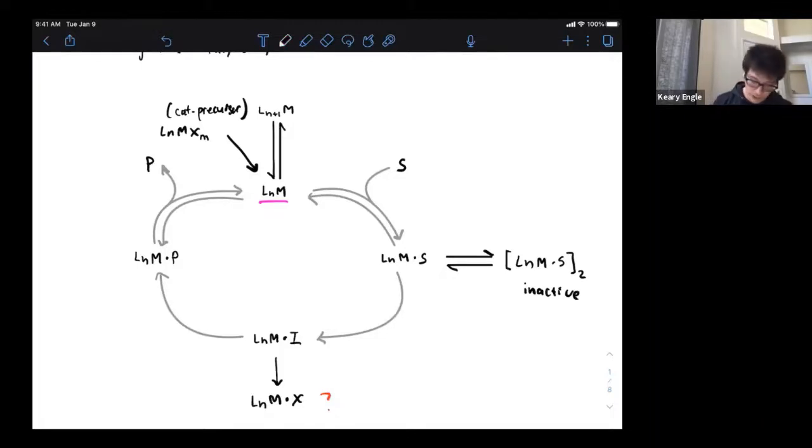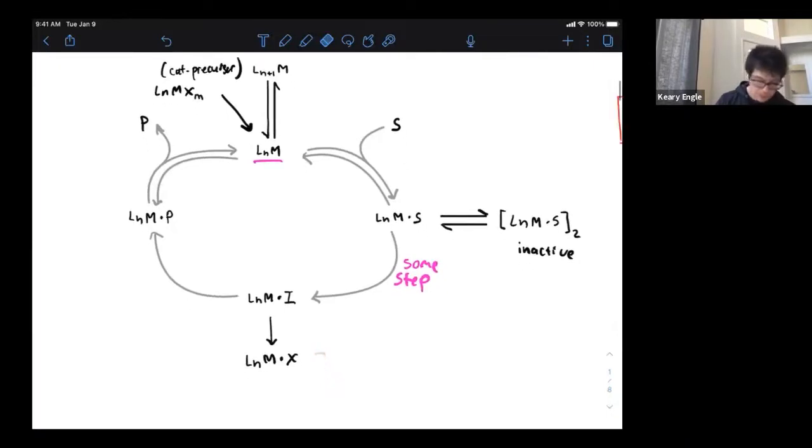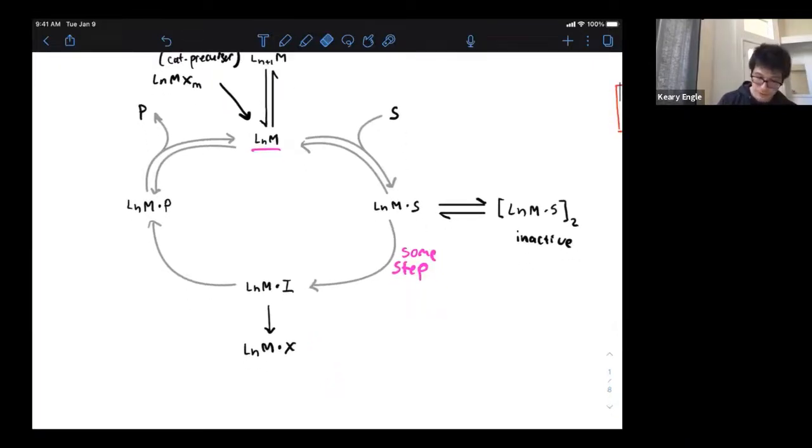It needs one substrate molecule. Now some elementary step happens, not defined here, that transforms the substrate organic fragment to now a new intermediate that's still catalyst bound. Here too, there's another opportunity for things to go wrong.